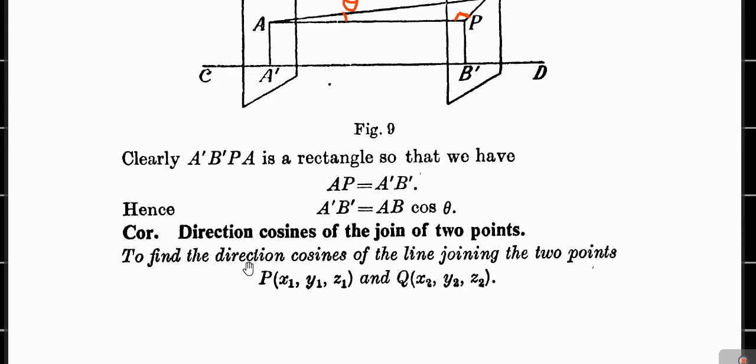In this corollary, PQ is a line segment where P has coordinates x1 y1 z1 and Q has coordinates x2 y2 z2. Then we have to find the direction cosines of the line joining the points P and Q. We'll prove this one, and for that purpose we require a diagram. So first of all, I will draw a diagram and then we'll prove this one.